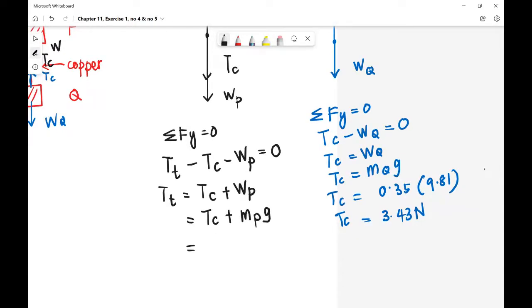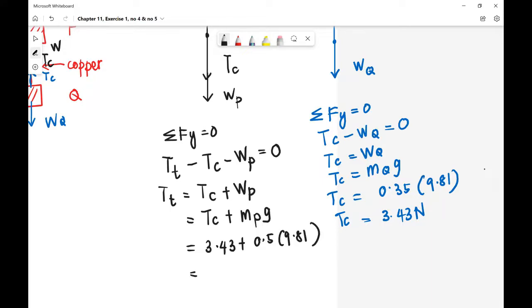Okay, substitute tension of copper 3.43 plus mass object P, okay, which is 0.5 kilogram times G 9.81.